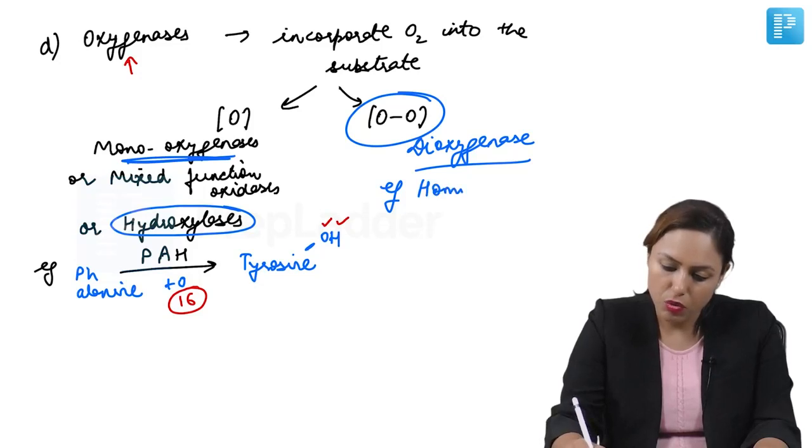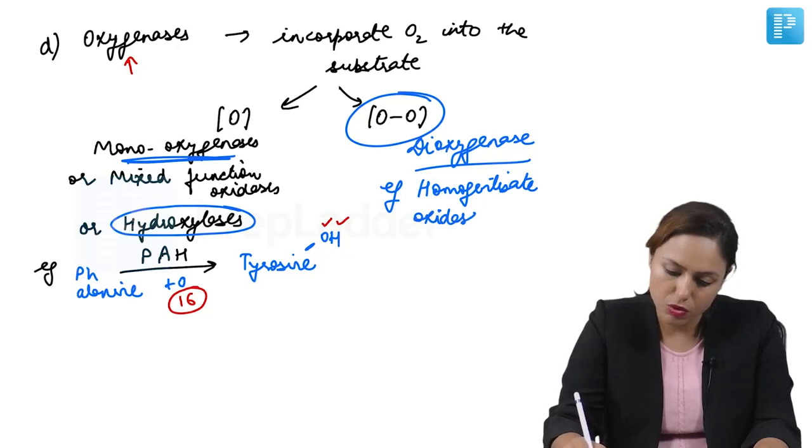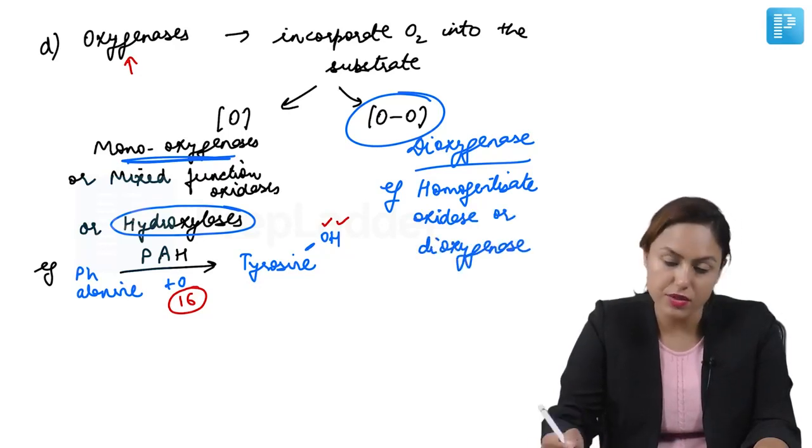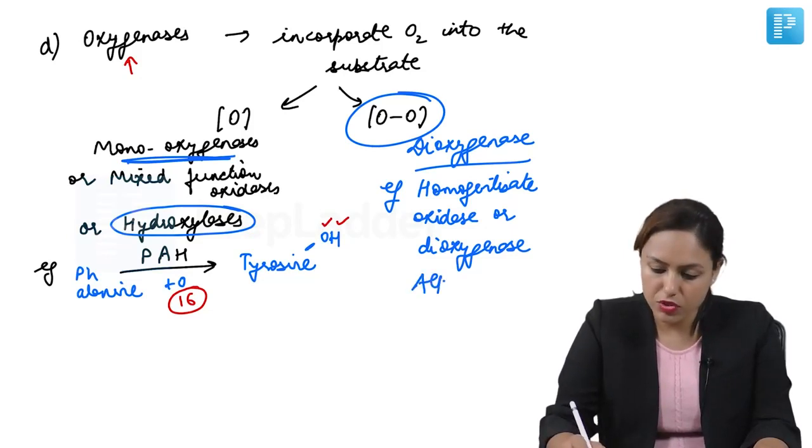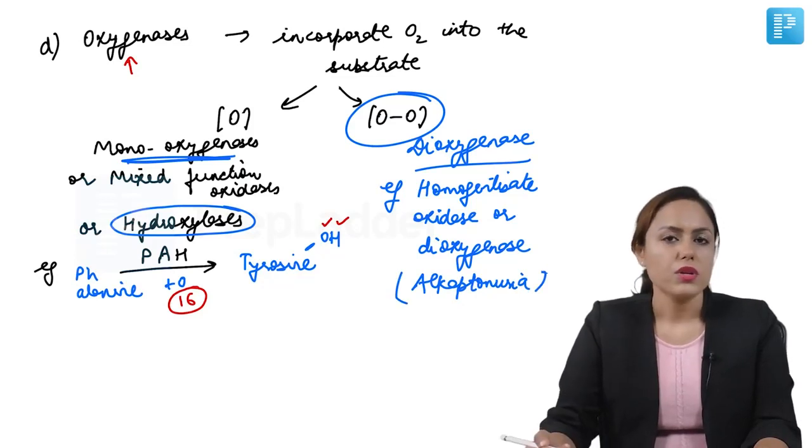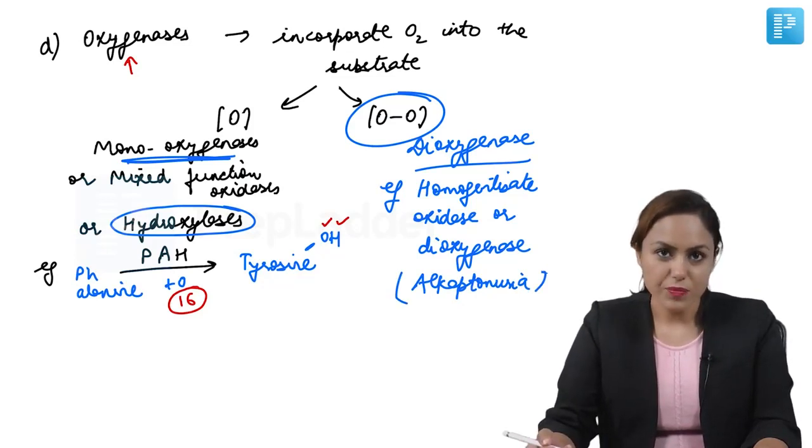Example, homogentisate oxidase or homogentisate dioxygenase enzyme, the enzyme which is deficient in alkaptonuria. This is a dioxygenase, right?